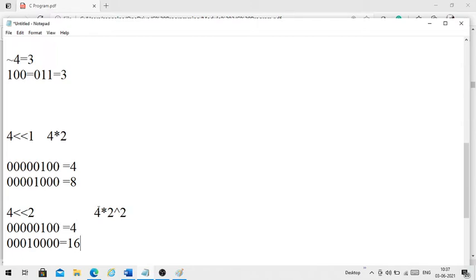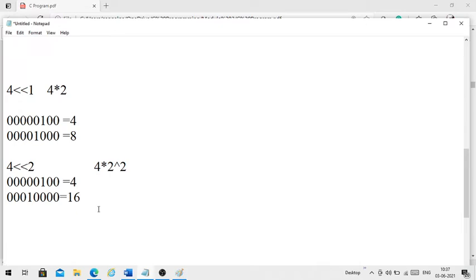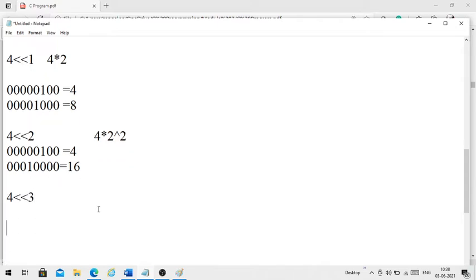If I do the same operation, 4 left shifted 3 times, what is the result going to be? It will be 32. It's equivalent to 4 multiplied by 2 cube. 2 cube is 8, and 8 4s are 32. So I will get 32.